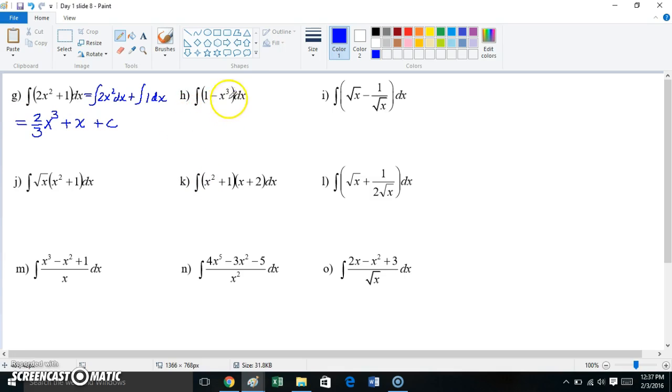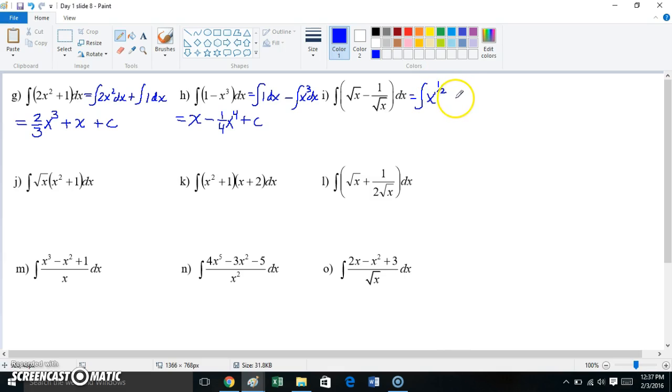In h, we have the difference. Again, you do not have to rewrite this. I'll rewrite this one. The integral of 1 minus the integral of x cubed dx. Okay, integrating each piece, we're going to get x minus 1/4 x to the 4th power plus c. Letter I has lots of square roots in it. Let's rewrite those square roots as powers, rational powers.